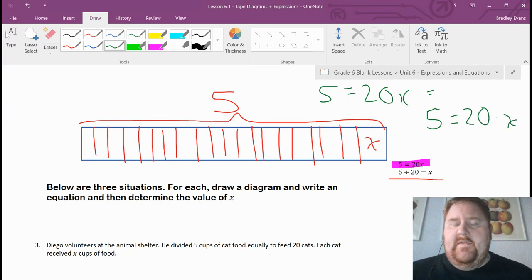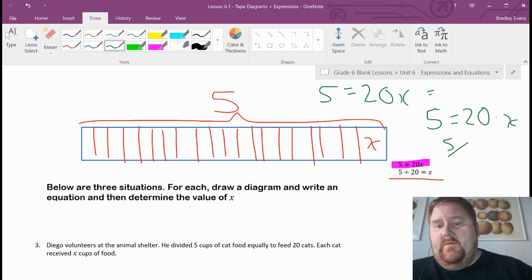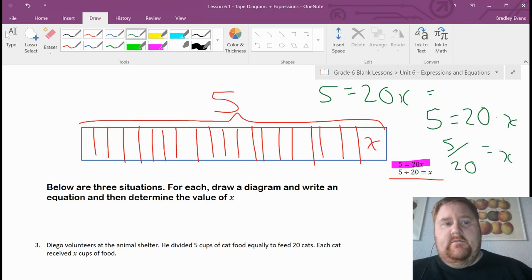Remember there's that multiplication sign in the middle. So now to undo the multiplication, we would need to divide. And so that's how we would end up with 5/20 equals x, because I would divide this by 20, and I would divide this by 20.